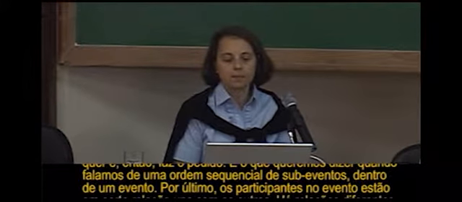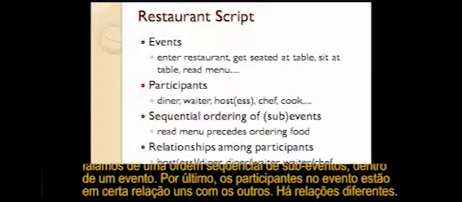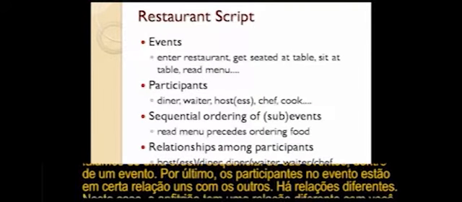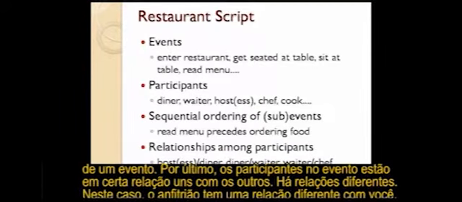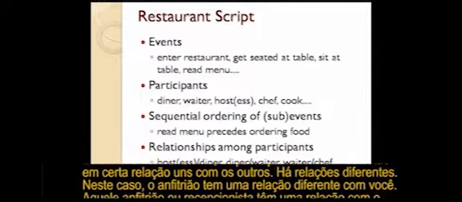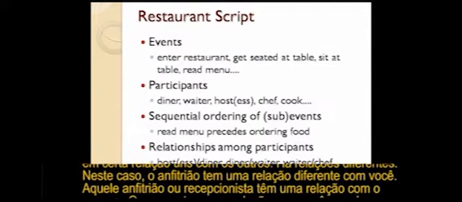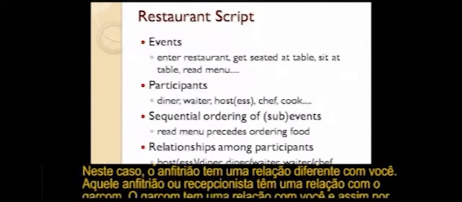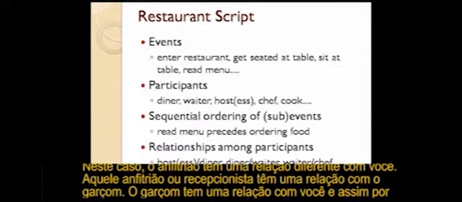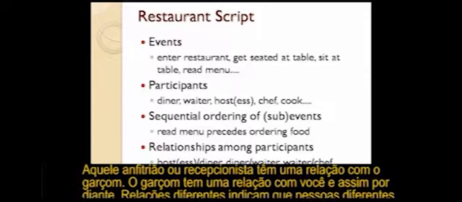Lastly, the participants in the event are in a certain relationship to each other. And there are different relationships, right? So the host or hostess has a certain relationship to you. That host or hostess also has a relationship to the waiter.